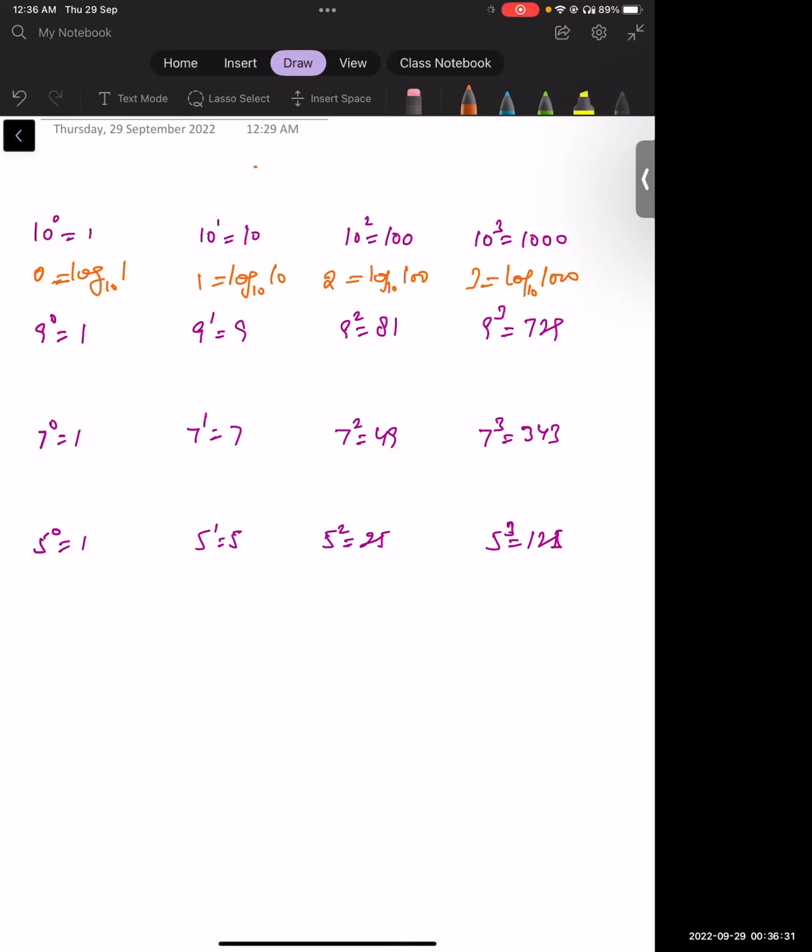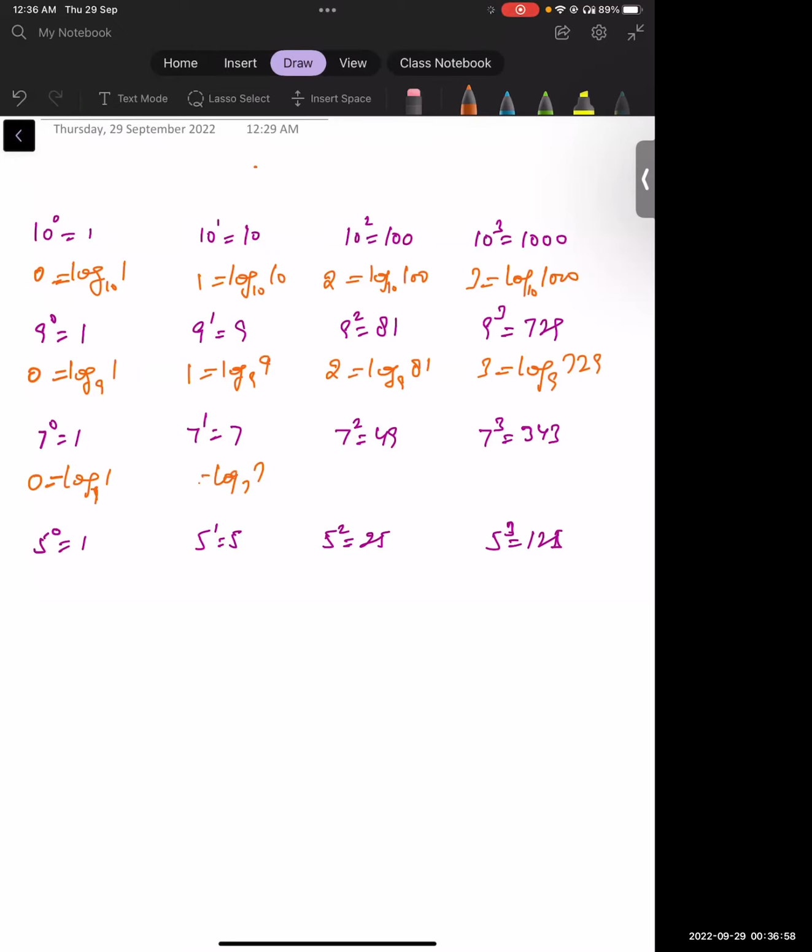I can write log 1 to the base 9 is 0. Log 9 to the base 9 is 1. Log 81 to the base 9 is 2. Log 729 to the base 9 is 3. Log 1 to the base 7 is 0.